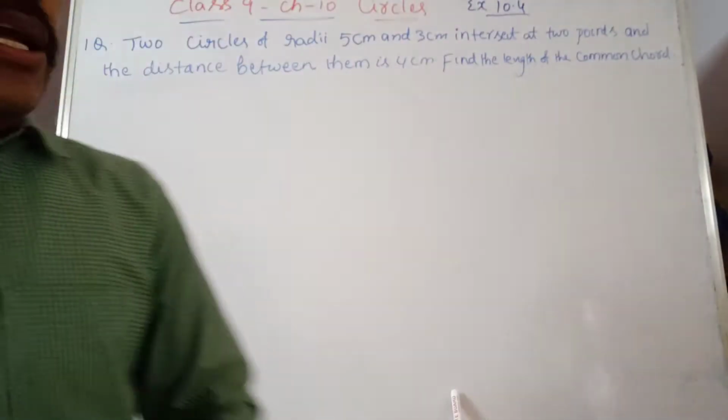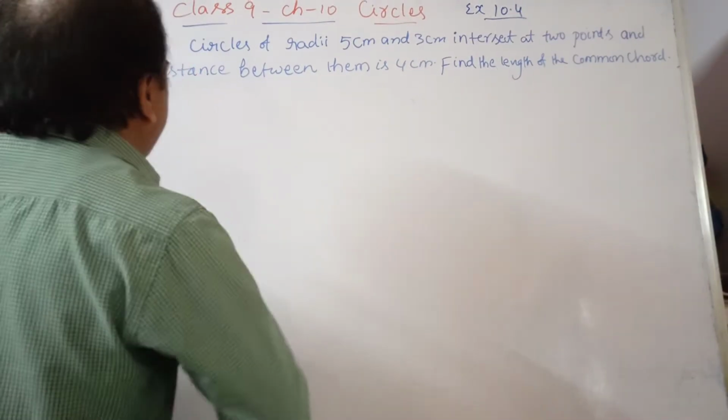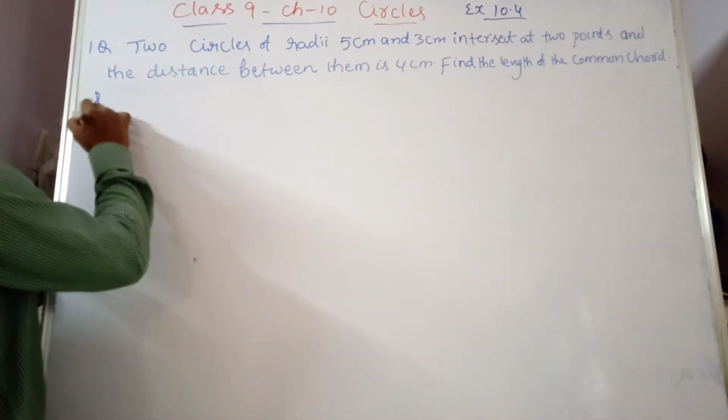To find the length of the common chord, first you need to draw those two circles. So in that solution, first look at this.